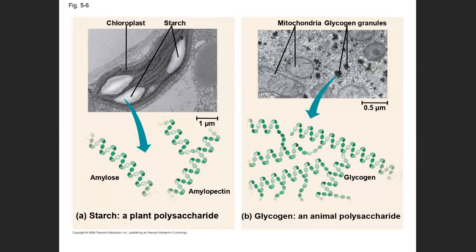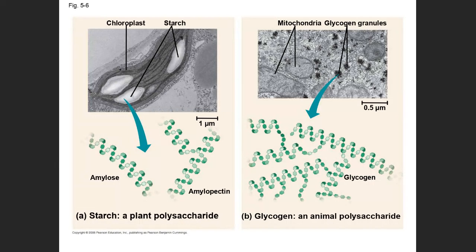If your muscles are deficient or depleted in glycogen, your muscles will fatigue very quickly. It's hard to do much work. So starch we find in plants like potatoes, rice, stuff like that. But animals store their own form of starch called glycogen.